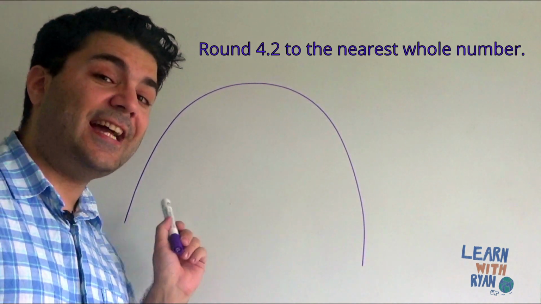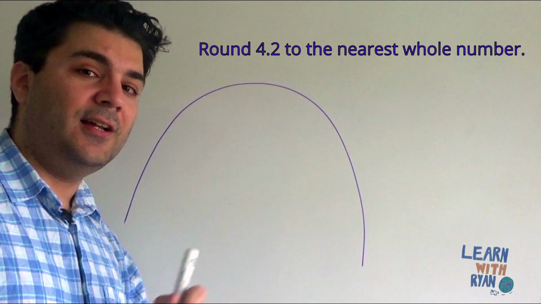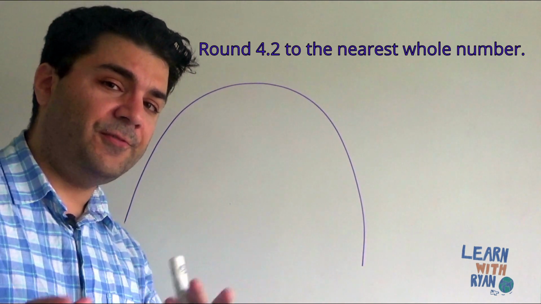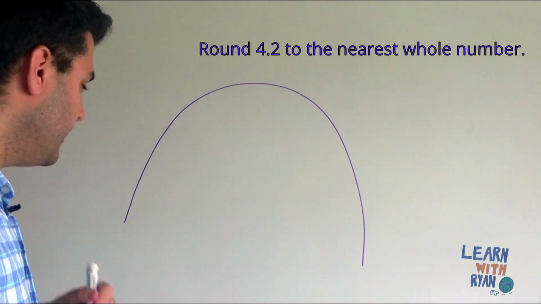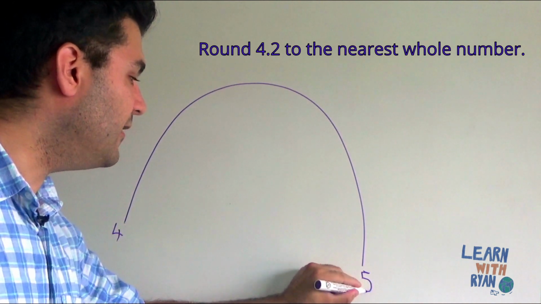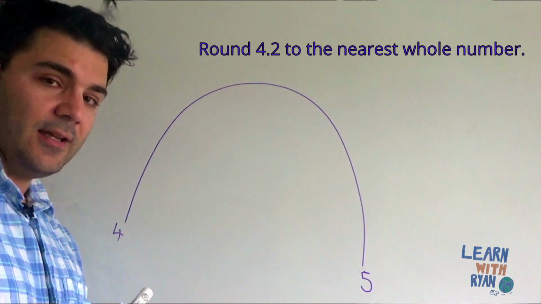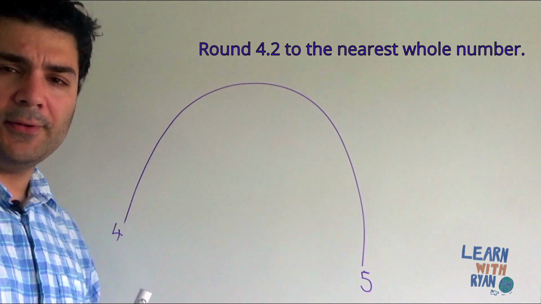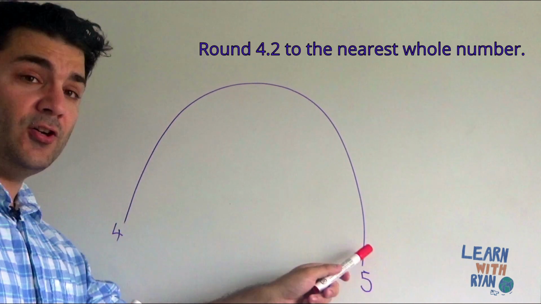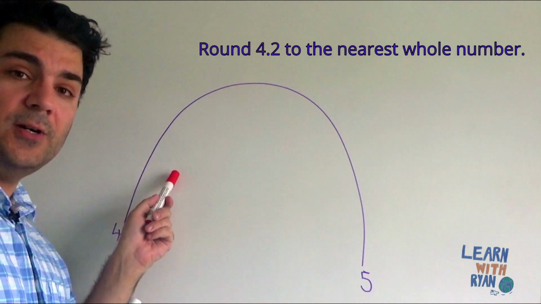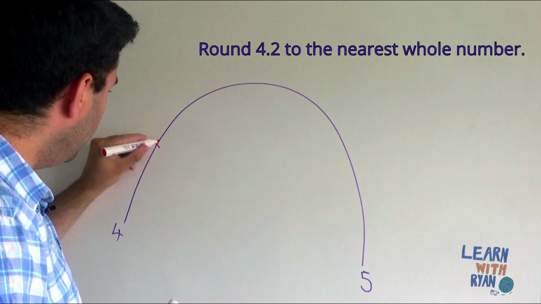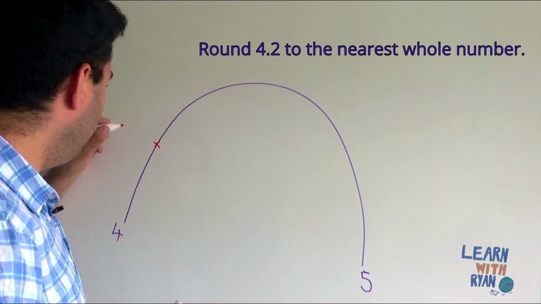And imagine you're cycling up this hill and we need to think about where you end up. So we're thinking about 4 and 5, which one's it closest to? So here I'm going to write 4. And on the far right, I'm going to write 5. So where's 4.2 going to go on here? Well, 4.2 is definitely not on this side. It's going to be over here somewhere, isn't it? So let's suppose it's there, 4.2.